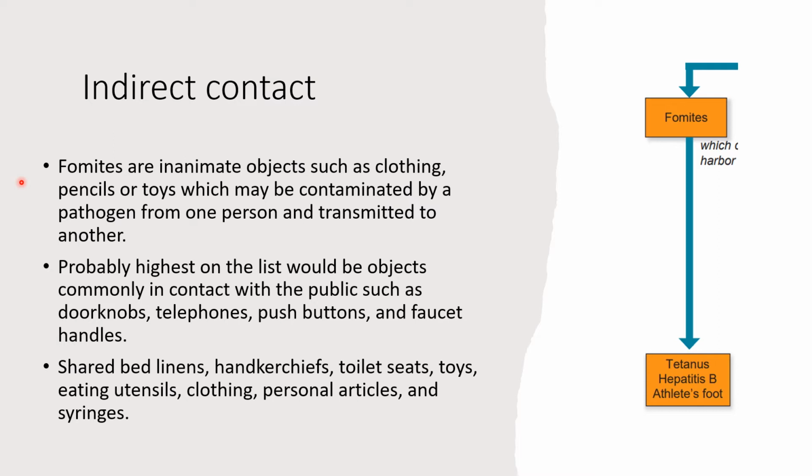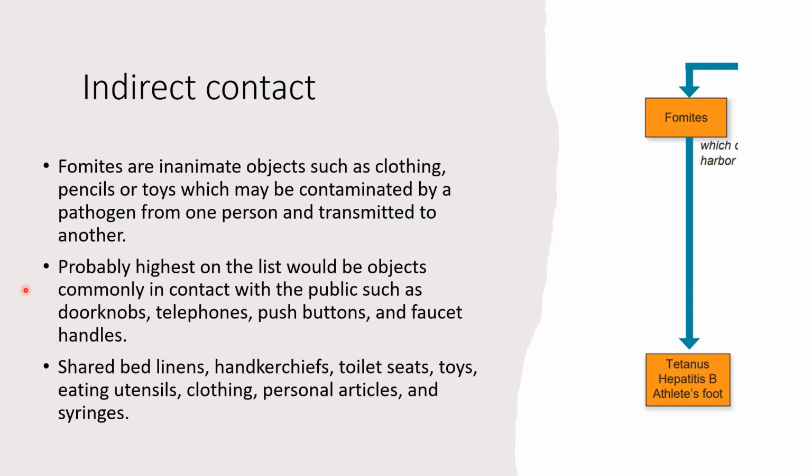But in adults, this sharing ability is lesser. So inanimate objects act as a vehicle, as a source, mainly with objects like doorknobs or telephones, push buttons or faucet handles, which are usually handled by many people.